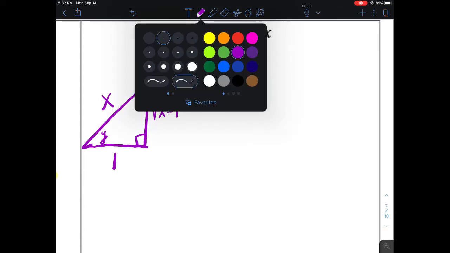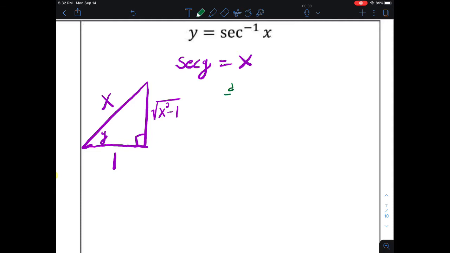So we'll take the derivative of both sides. The derivative with respect to x of secant of y equals the derivative with respect to x of x. Well, we're doing the implicit differentiation process. So I take the derivative of the left-hand side, the derivative of secant of y. Do the derivative of the outer function first.